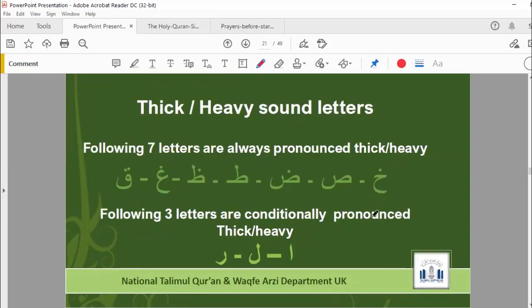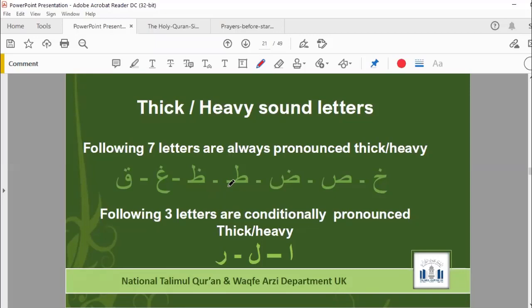And the thick heavy letters, the following 7 letters are always pronounced with a heavy sound, which are kha, swad, dwad, twa, dhwa, ghain, which is again a throat letter, and the qaf.